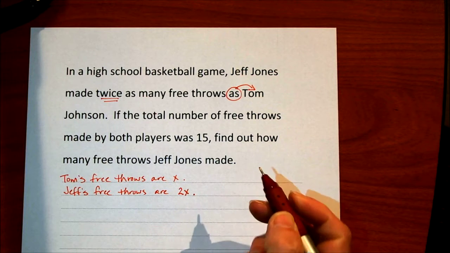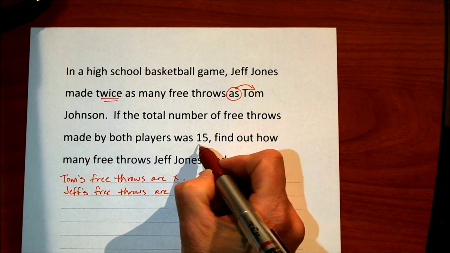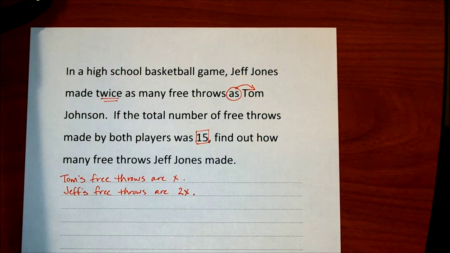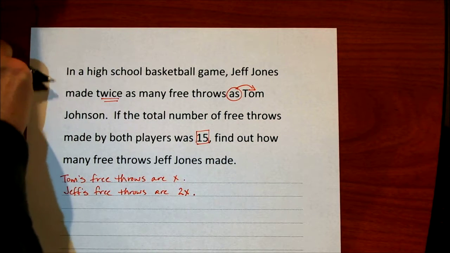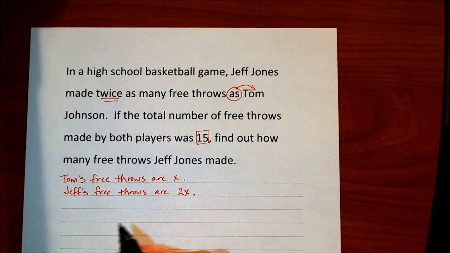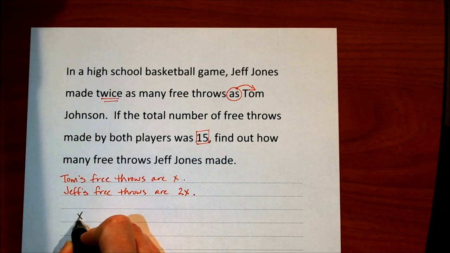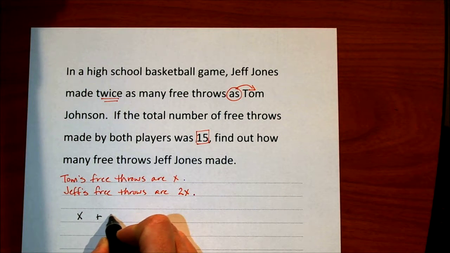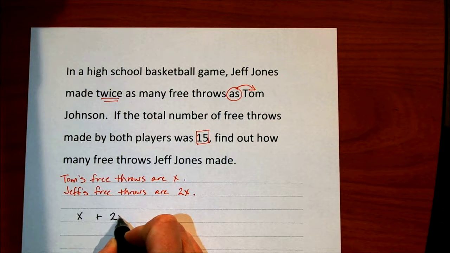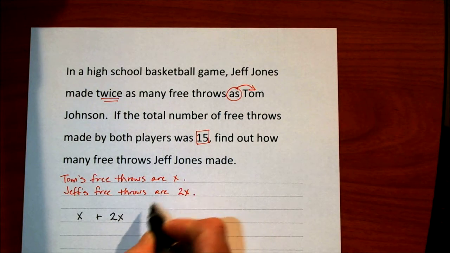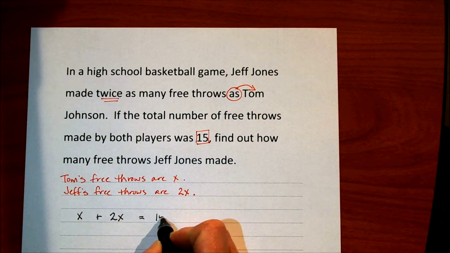All right. And again, we were given a total in this problem as well. So we know the total number of free throws was 15. So now we have everything we need to set up an equation. We have Tom's free throws, which were x, plus Jeff's free throws, which were 2 times x. And we know that the total was 15.